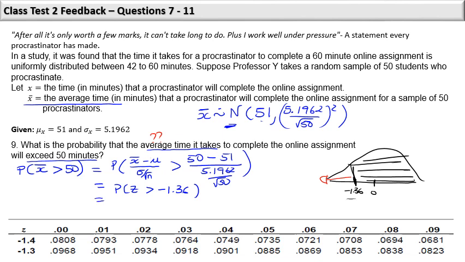This equals 1 minus the probability of Z less than negative 1.36.